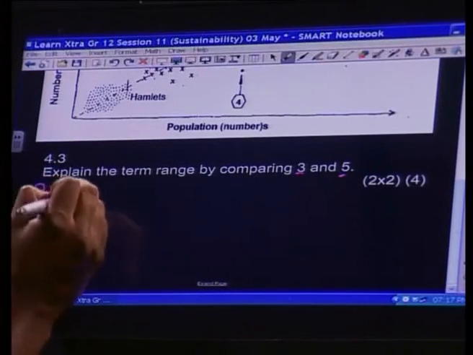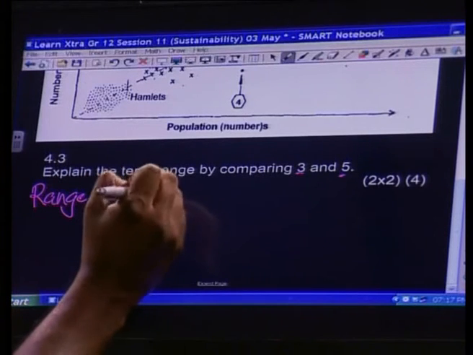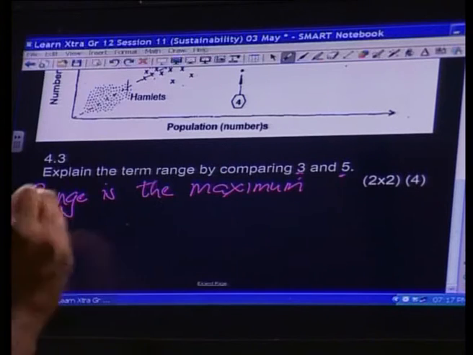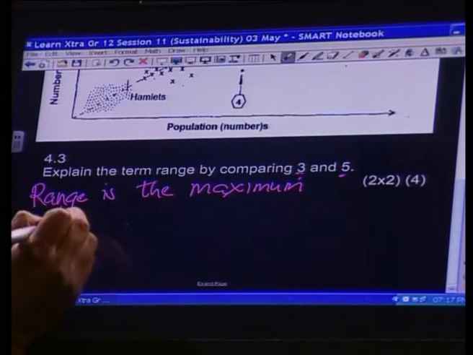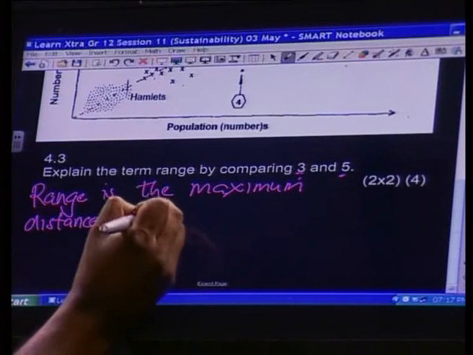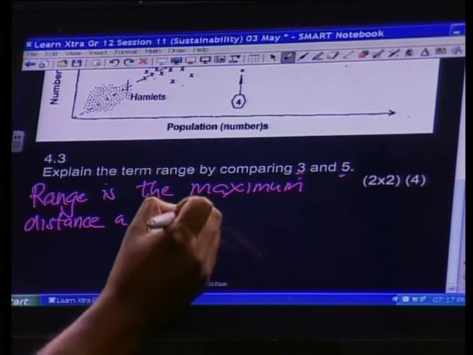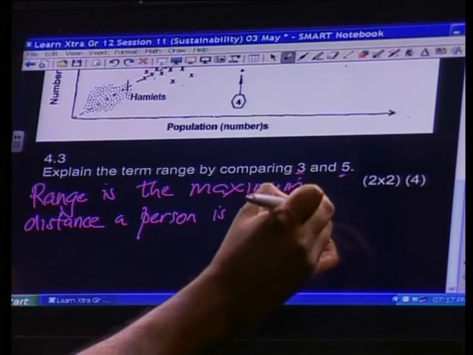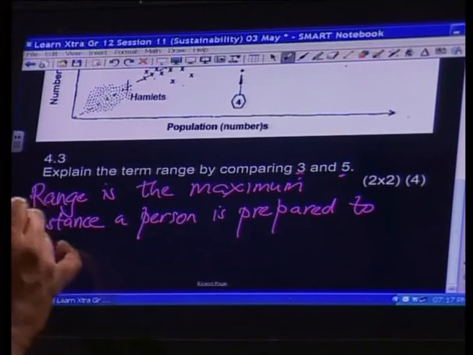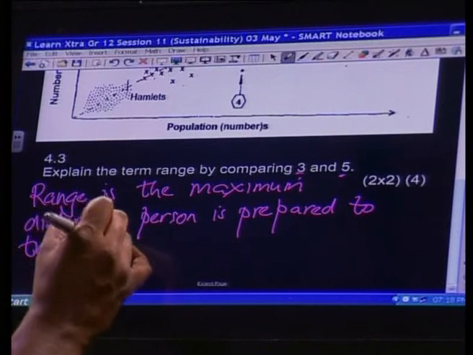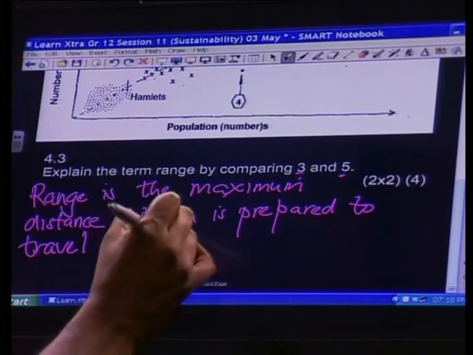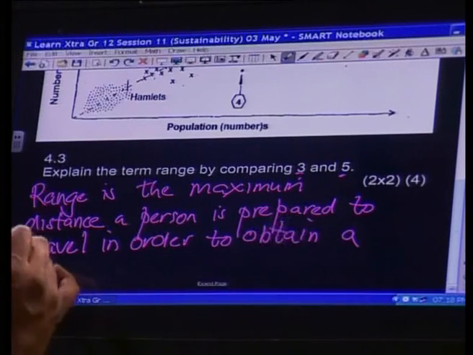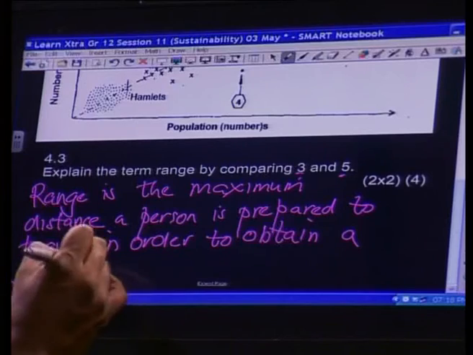Range is the maximum distance a person is prepared to travel in order to obtain a good or service.